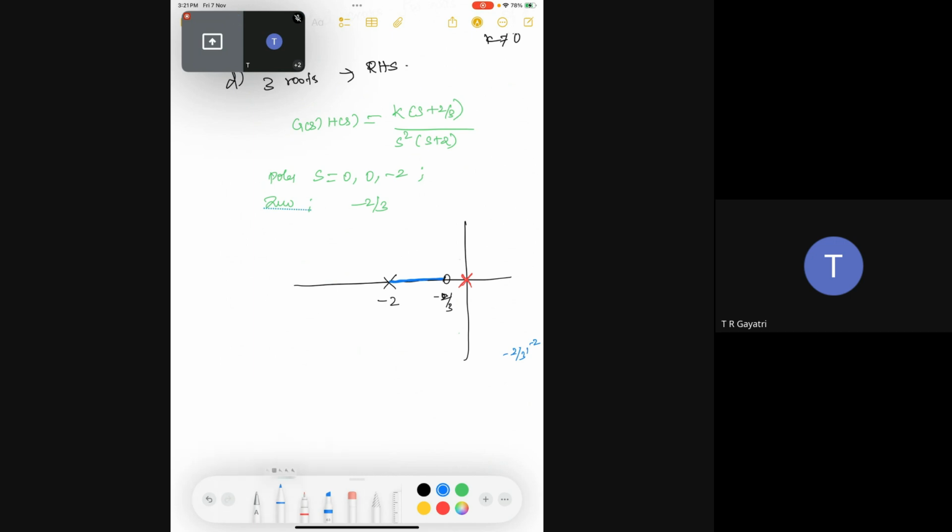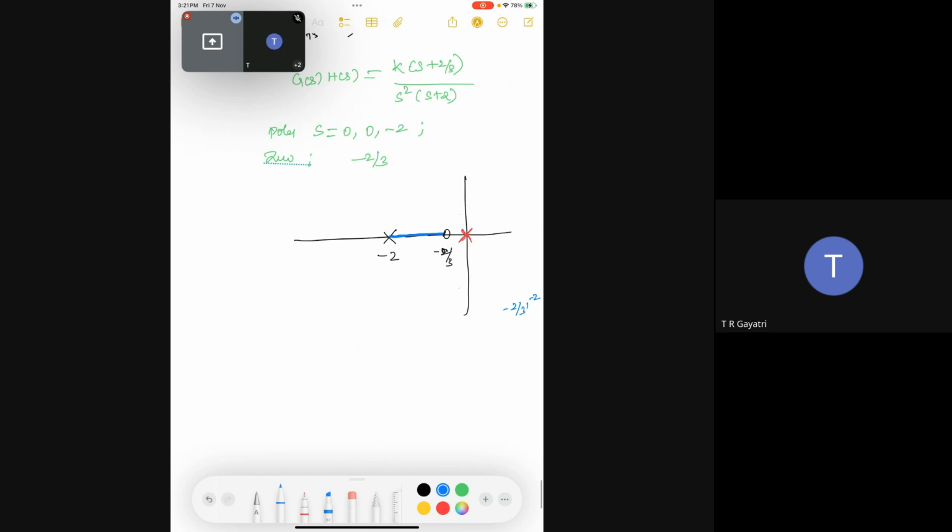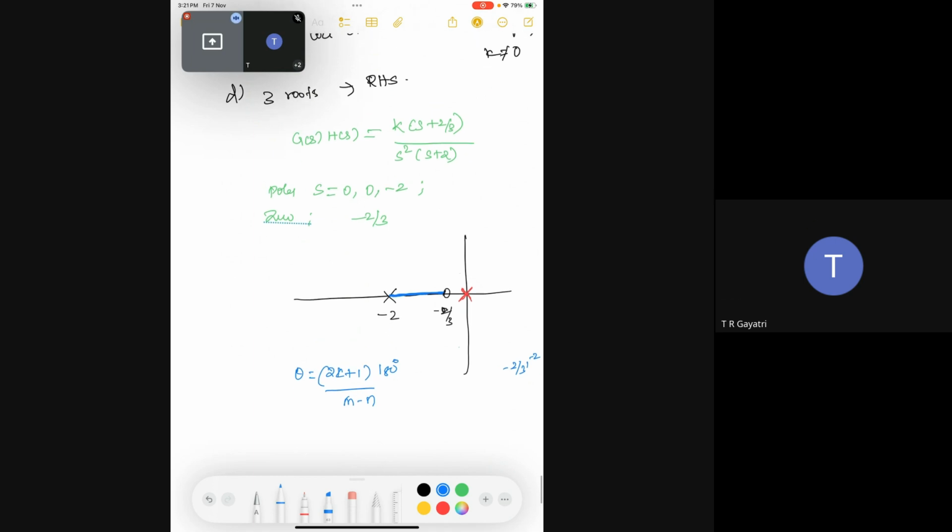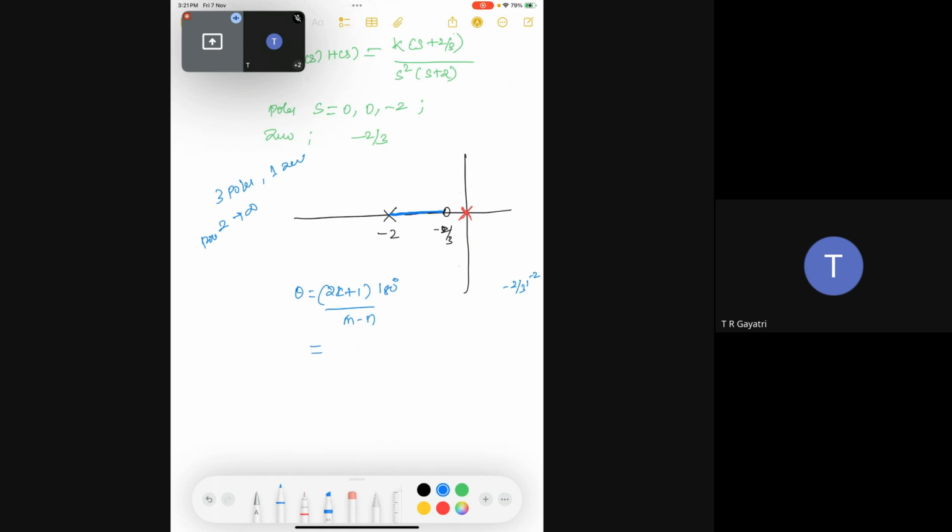Now we will find the breakaway and break-in points, right? How do we find theta equal to (2k plus 1) into 180 divided by (n minus m)? There are three poles and one zero, so two poles go to infinity. So we have to find two asymptotes here.